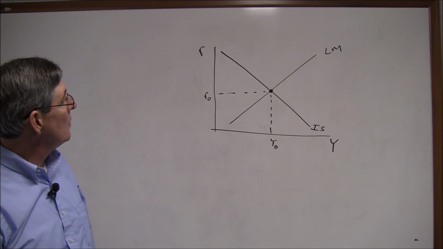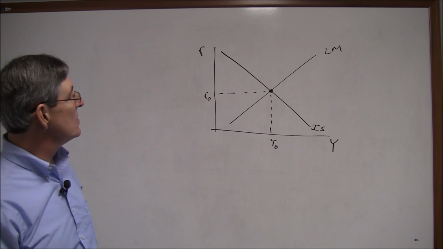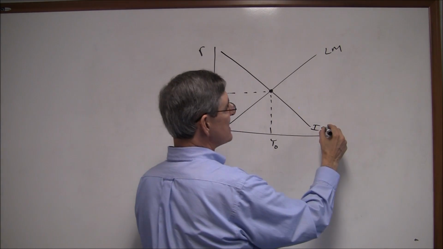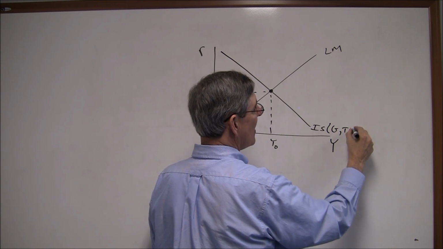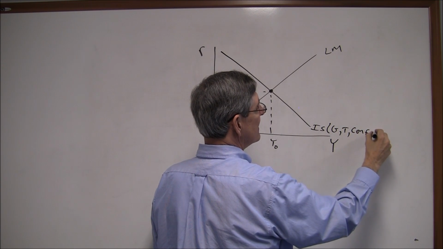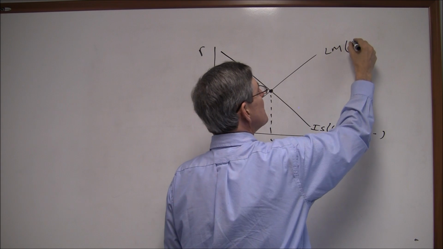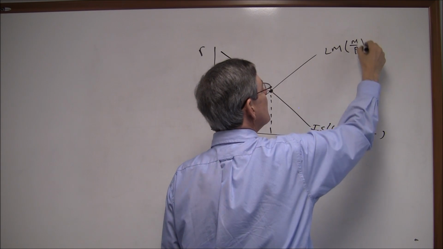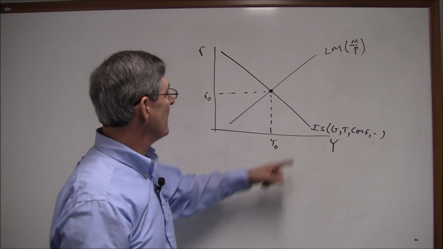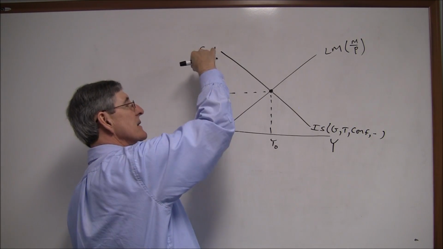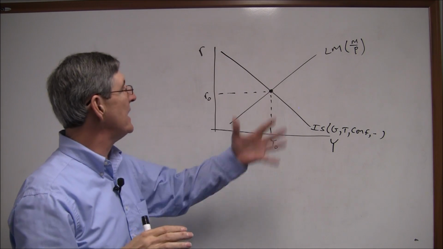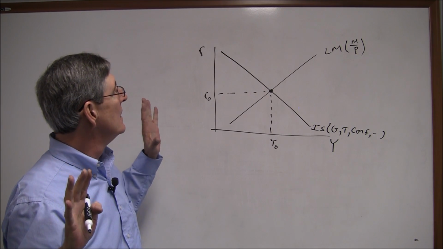Then traditionally what you would do at this point is look at, okay, this IS curve depends upon government spending and taxes, confidence, other things. This depends upon M over P. And so we could say, well, if government spending goes up, the IS curve would shift and income would go up and the interest rate would go up, or if M changed, something would happen.